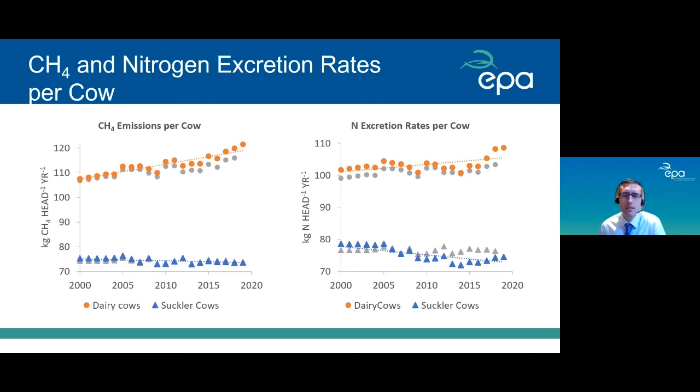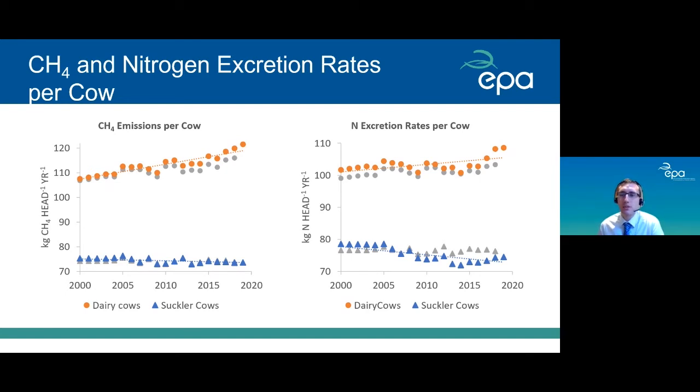The decreases in suckler cows represent the fact that we're able to capture some of the efficiency gains, things like the reduced crude protein content in diets, which are helping to reduce emissions. And the grey figures represent the old methodology.